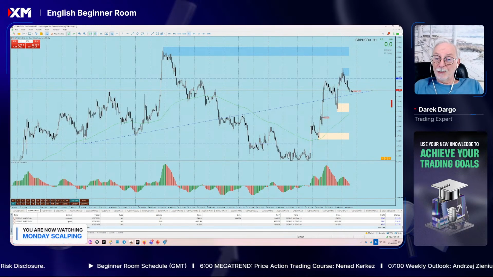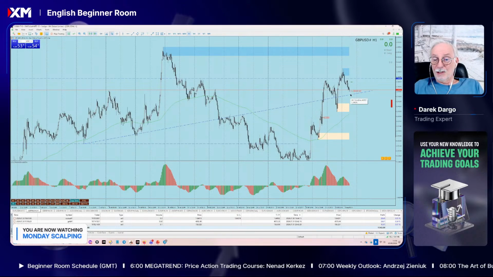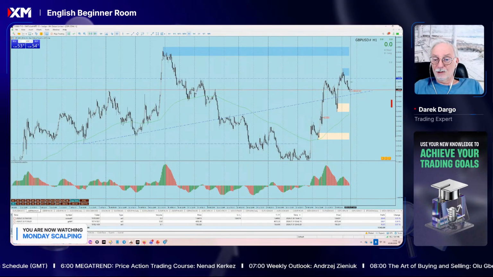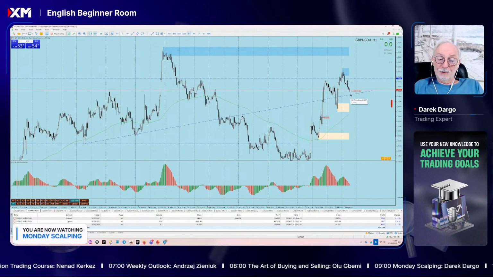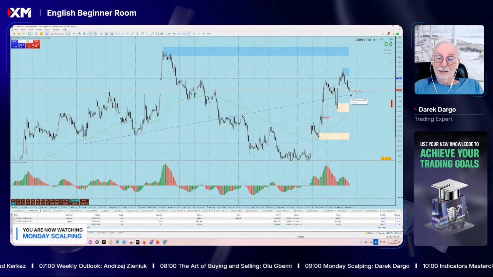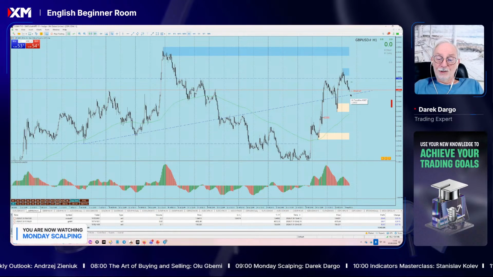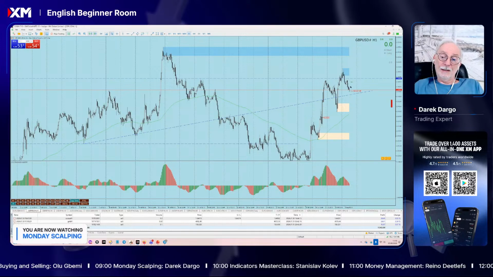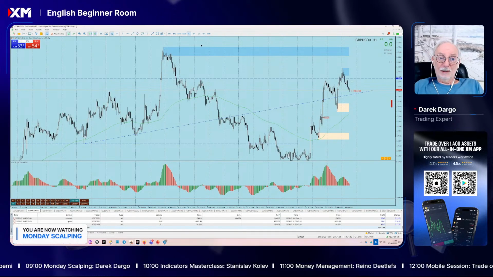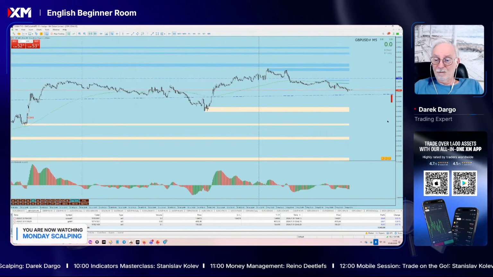So what we can expect is that price might try to test it again from the top. How much is left here? It's about 10 pips. At the moment it's still not interesting to trade it. Maybe if they push higher, then we can try to sell it. Let's see.